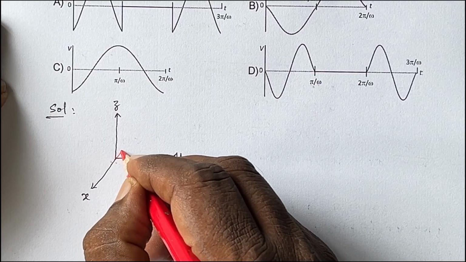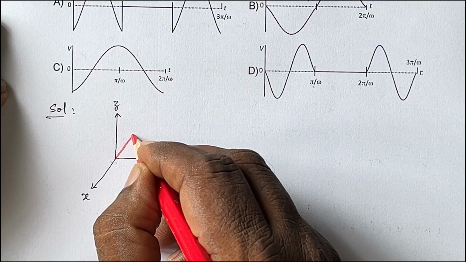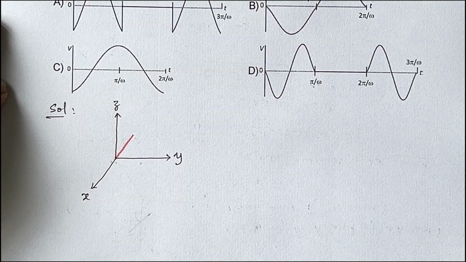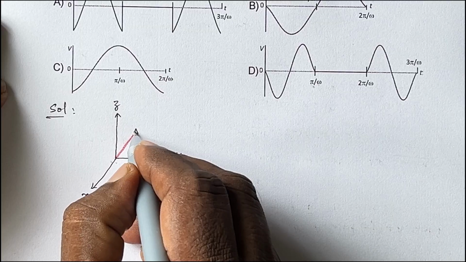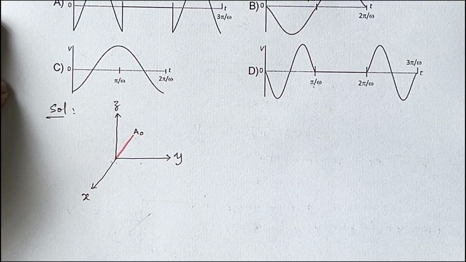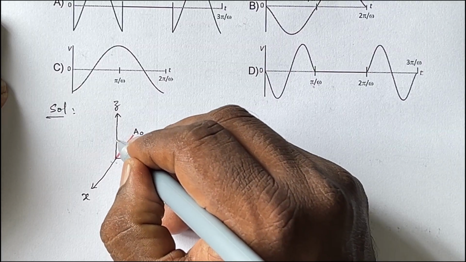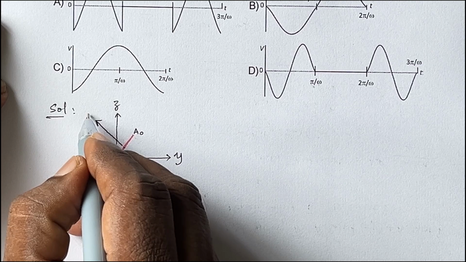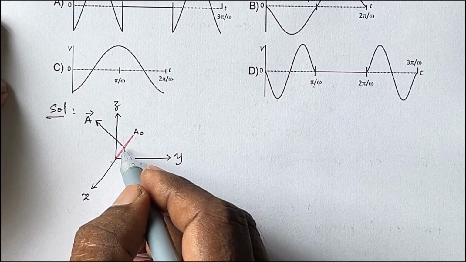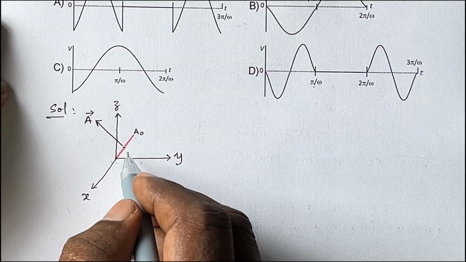This is the plane of the loop. The total area of this loop is A naught. The area vector is perpendicular to the surface of this. This is the direction of the area vector, from the loop surface at 90 degrees.